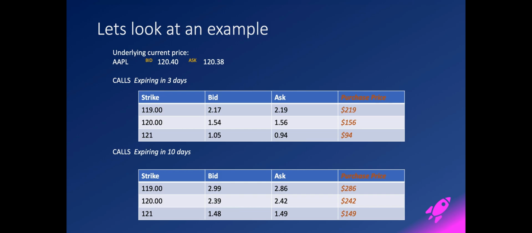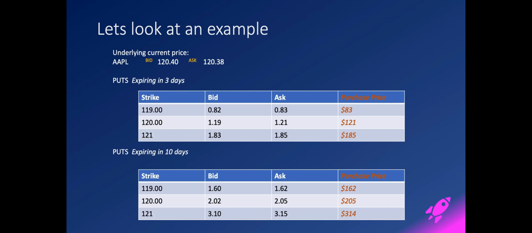Now let's look at, again, same underlying stock, Apple, but now we're looking at puts. So puts would be purchased if you thought, I don't think Apple will go up from here. I think Apple will come down.